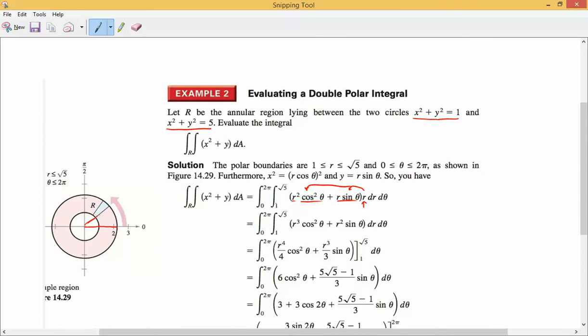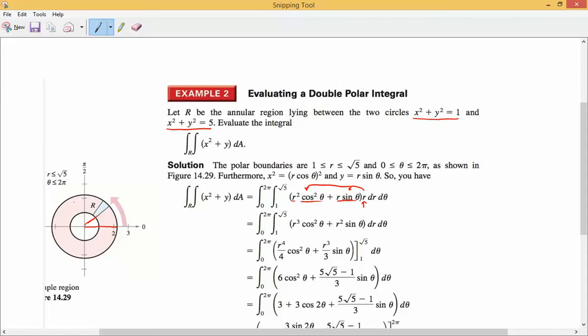So you see the boundaries? 1 to the square root of 5. Then d theta, 0 to 2 pi. All the way around.